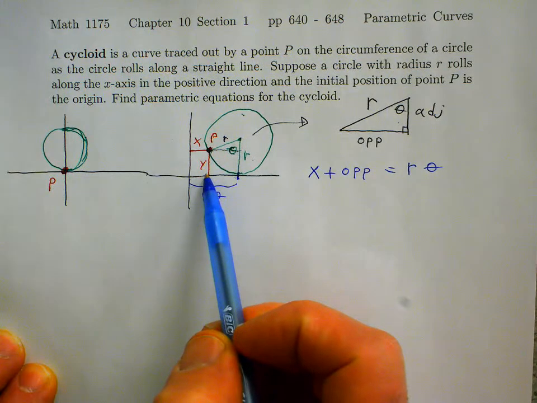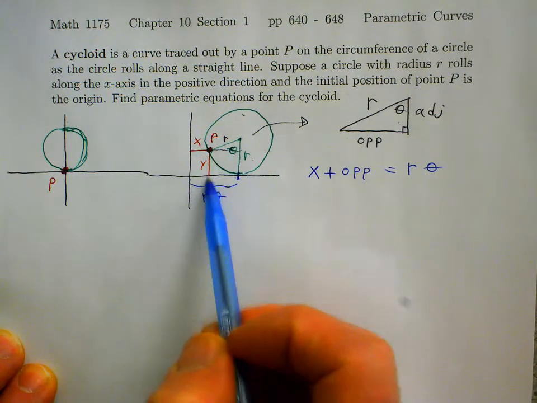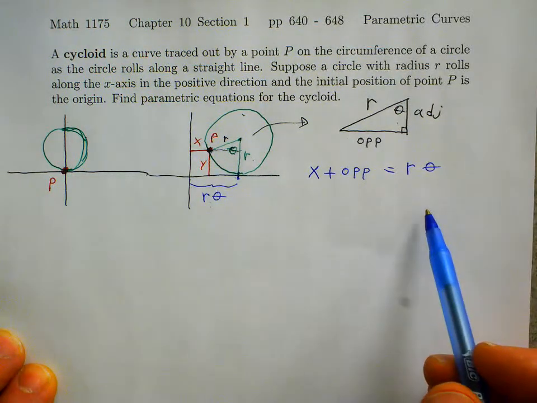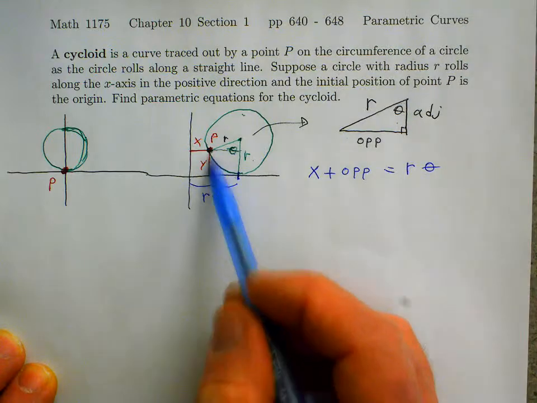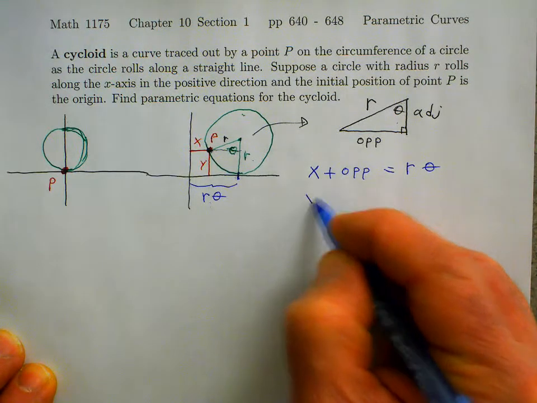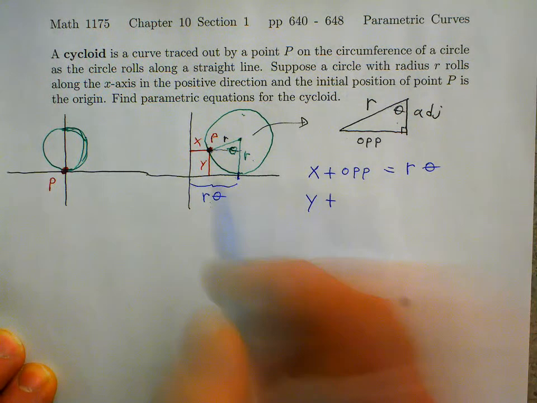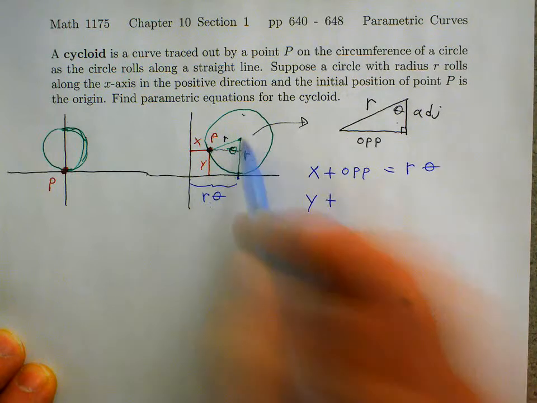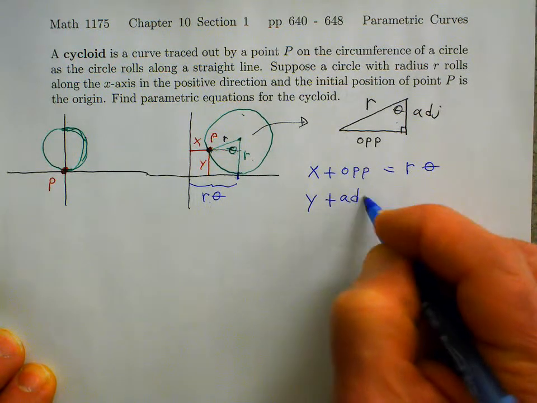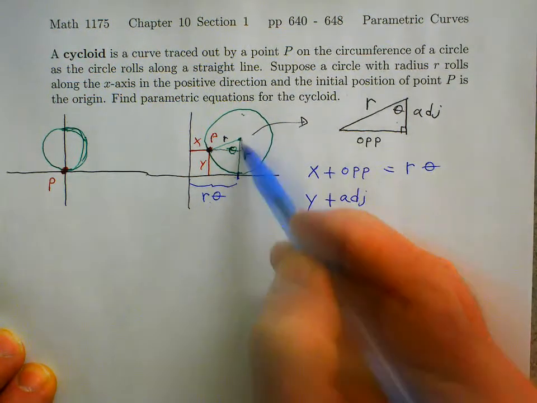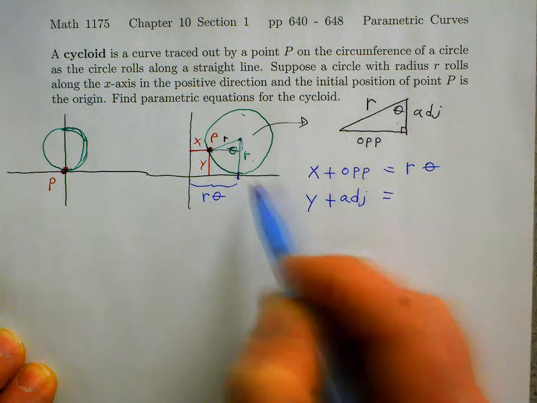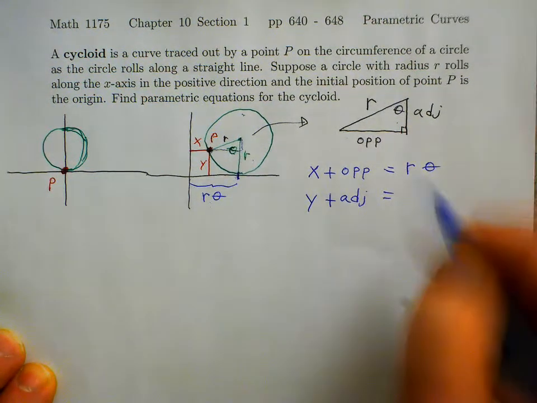And then for the y-coordinate, if we take y and add the adjacent side of that right triangle, that's equal to the radius r.